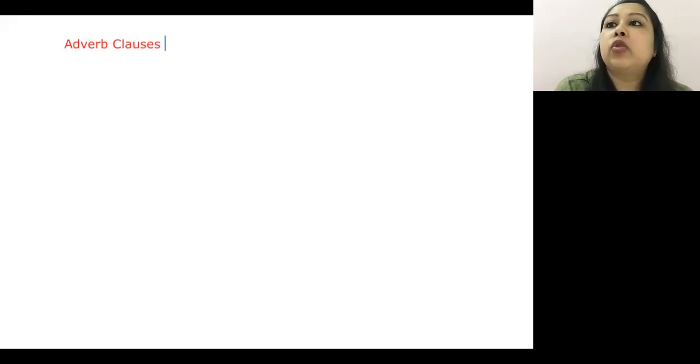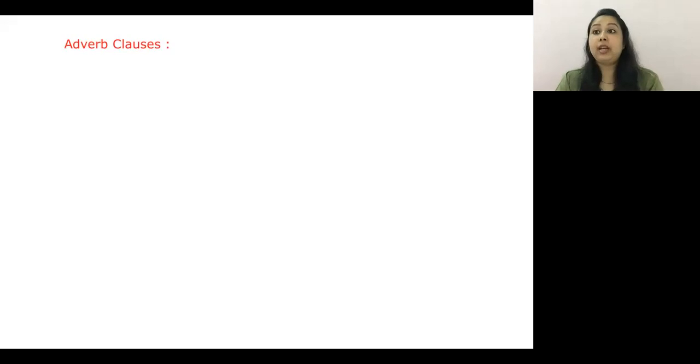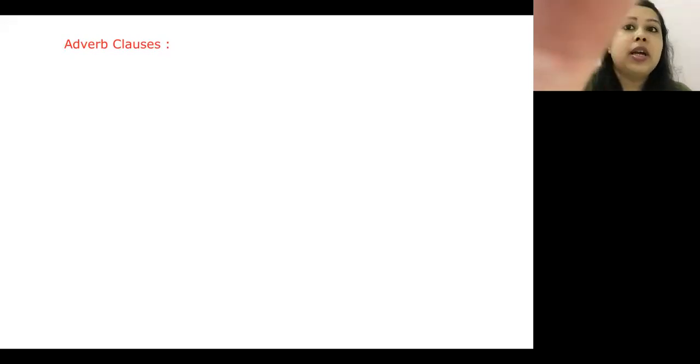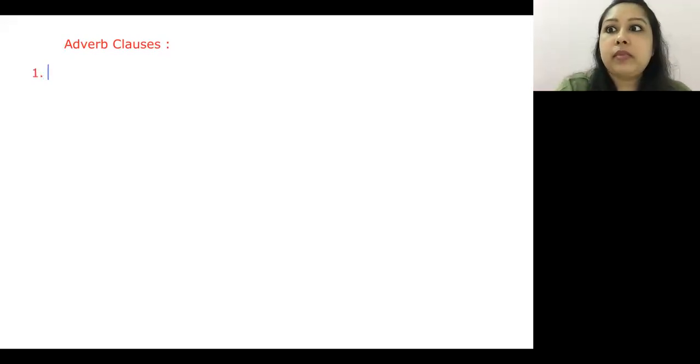They are going to modify certain verbs in my main clause. So with the help of examples, I'm going to teach you the 9 different types of adverb clauses. The very first, adverb clause of time.